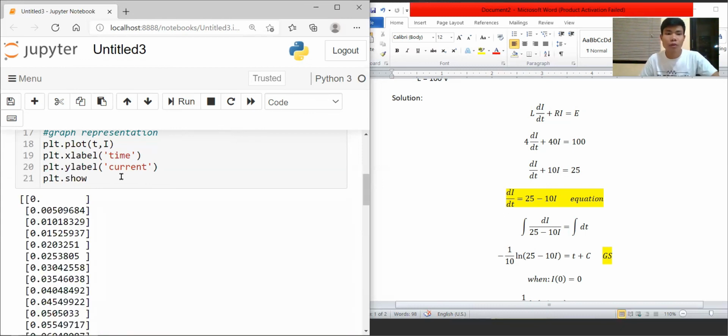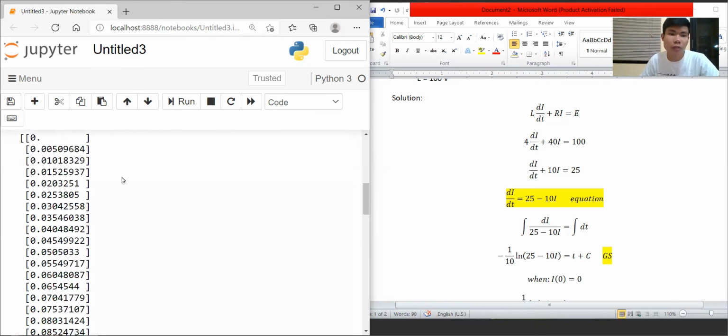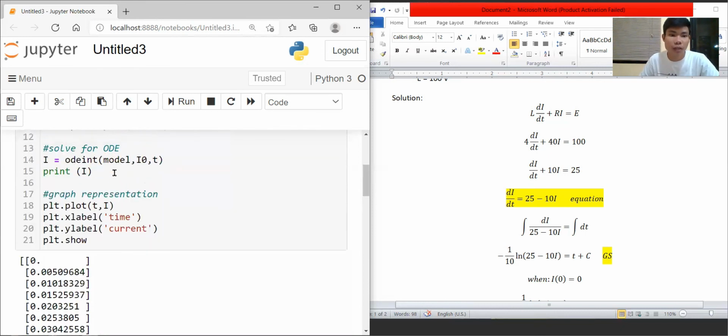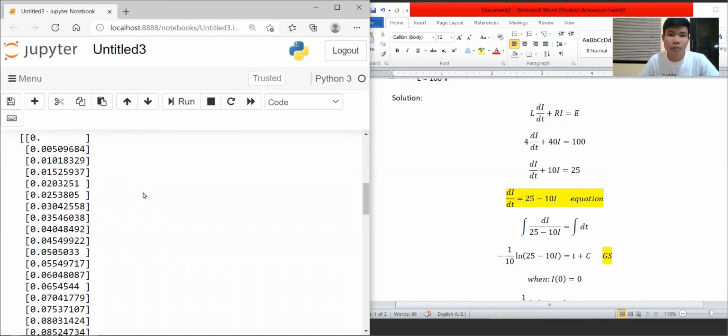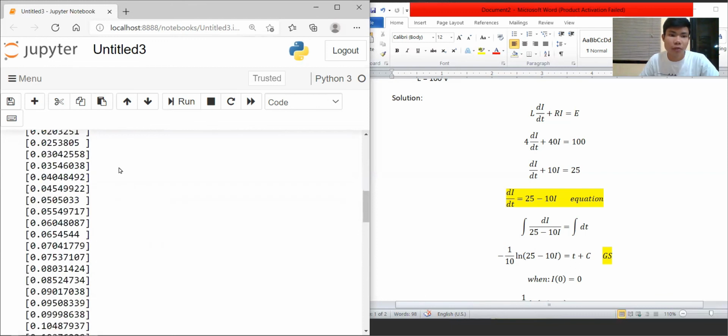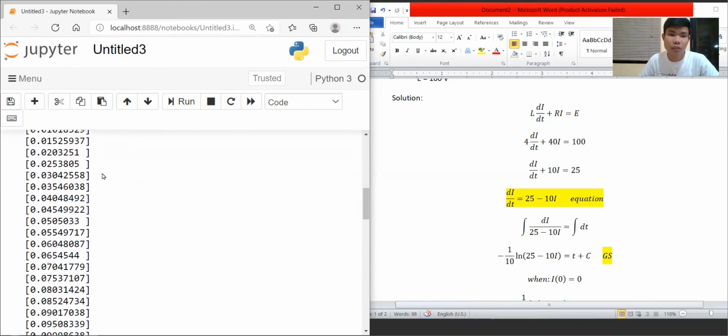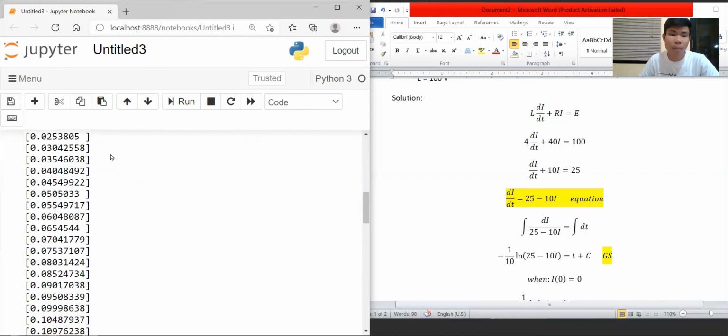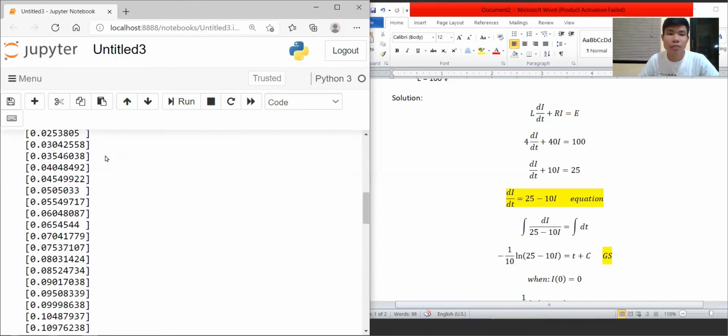Yan. So, after natin na-run, makikita nyo dito na ang dami niyang sagot because nag-answer yung Python notebook from 0 to 0.01. So, yung mga sagot niya na to is the values of current as the time changes from 0 to 0.01.